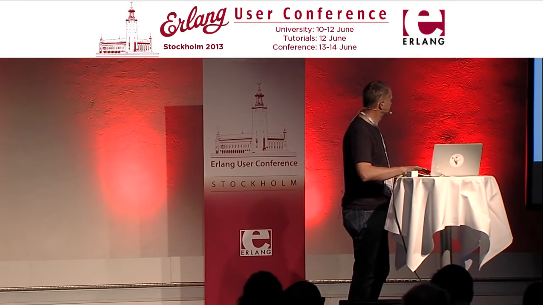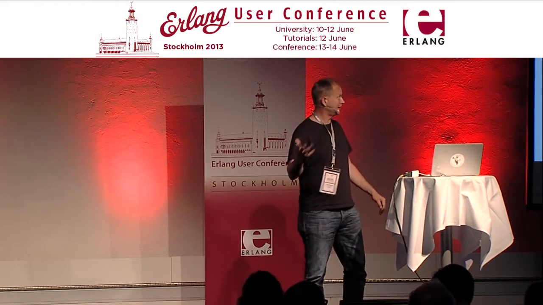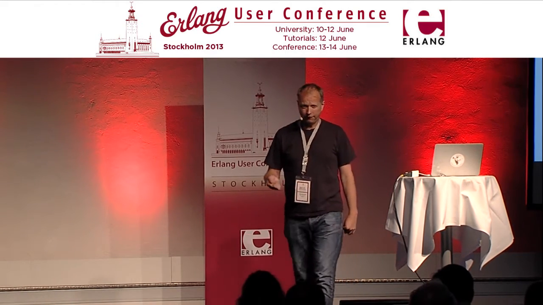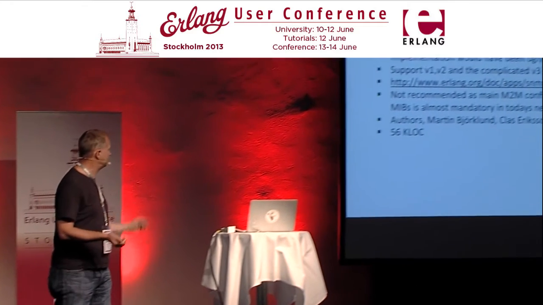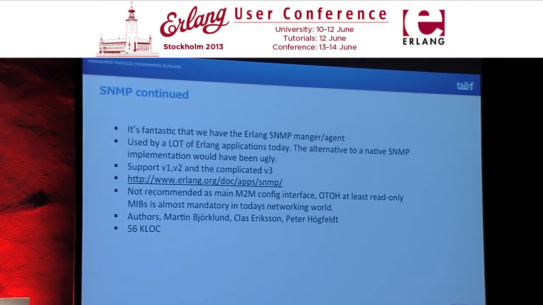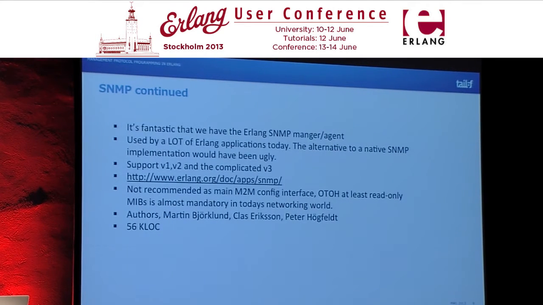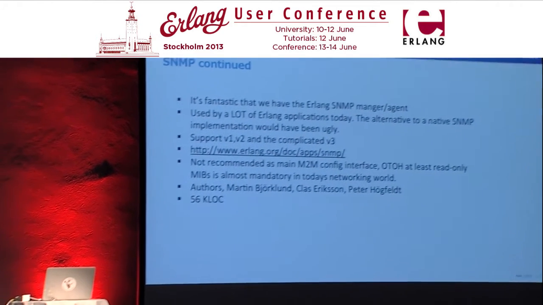Nevertheless, it's good. And as I said before, it's fantastic that we have it. If we didn't have it, the alternatives would be horrible. I mean, you would have to interface to NetSNMP, or it'd be really ugly. The existing implementation exists there. It's an OTP application, as most of you already knew.